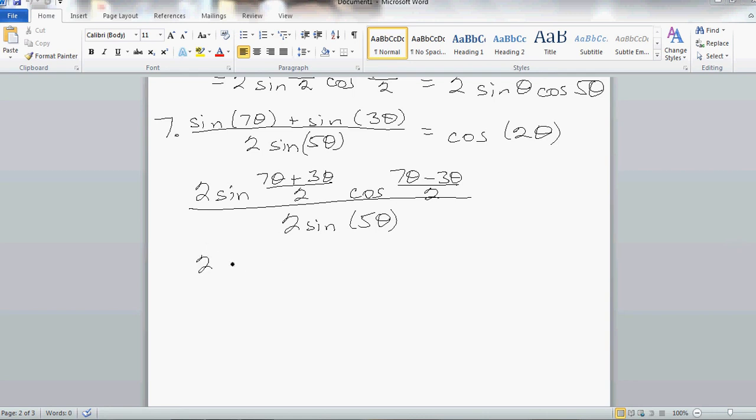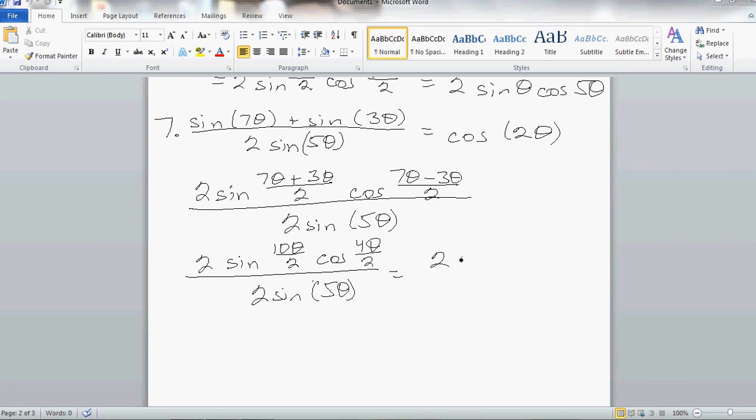So this becomes 2 sine of 10 theta over 2, cosine of 4 theta over 2, all over 2 sine of 5 theta.